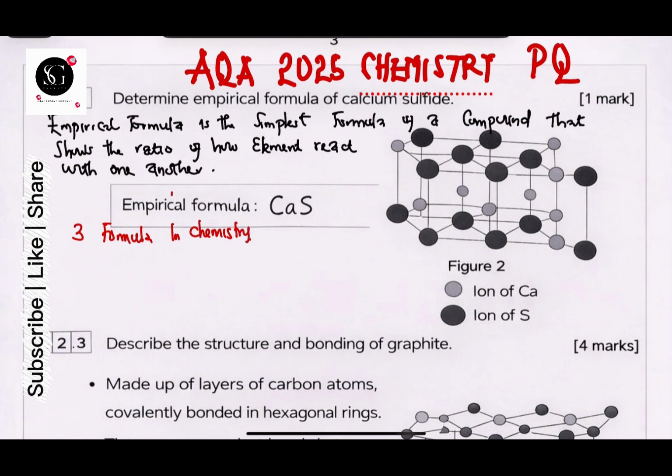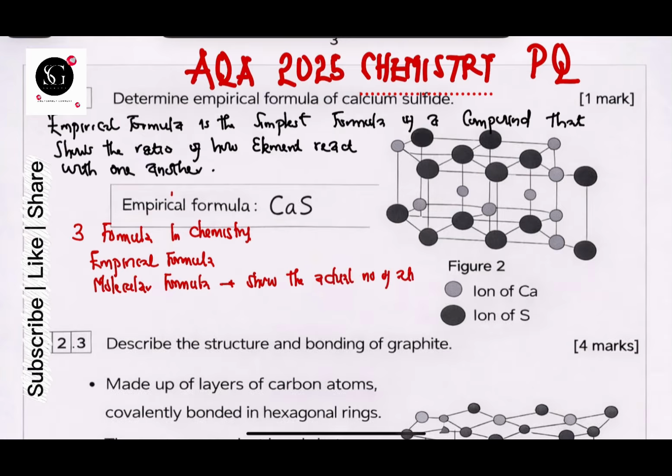which I need to explain very fast. We have empirical formula. Empirical formula is what I just explained. It shows the ratio of how an element reacts with one another. The next one is molecular formula. Molecular formula shows the actual number of atoms.